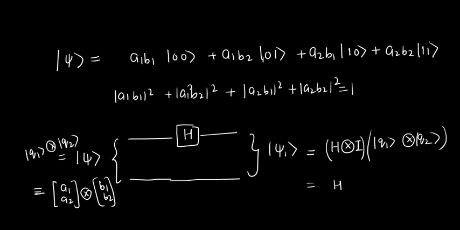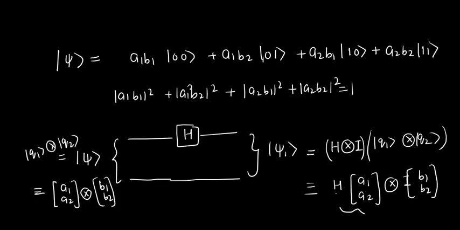H over Q1. So if you want to evaluate it, you can evaluate it like this. First apply H to A1 A2, then apply I to B1 B2. So nothing would happen, nothing has to change, because it is identity. So apply H to A1 A2 and then take the tensor product of this with B1 B2.